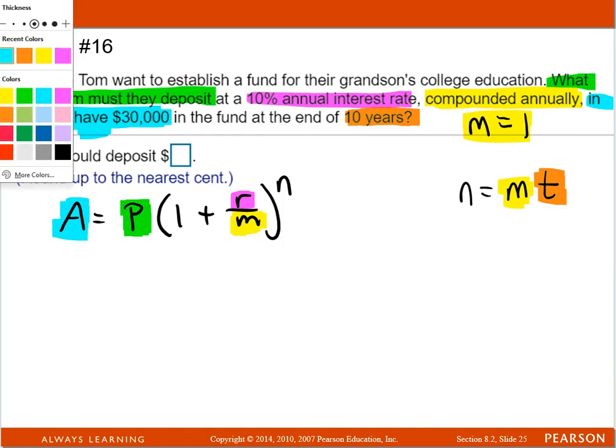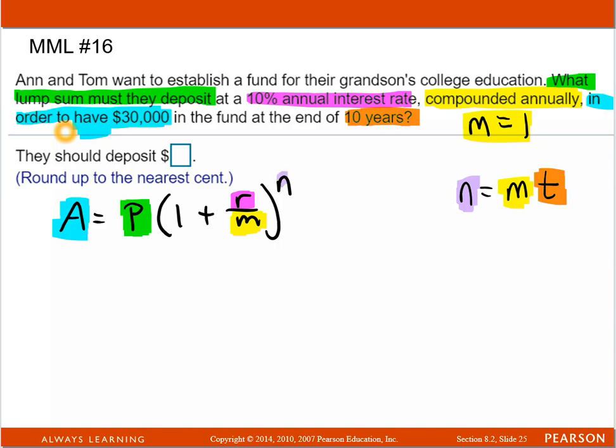So, I've used all my bright colors, pretty much. I guess I'll go with purple. So n is going to be whatever I get from m times t. So m is a 1 and t is a 10, and so that is 10. So the 30,000 goes here.